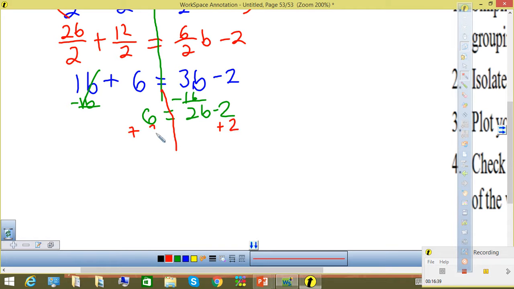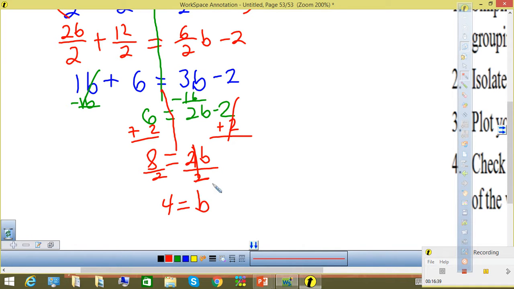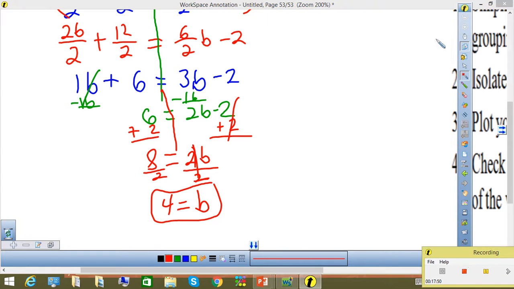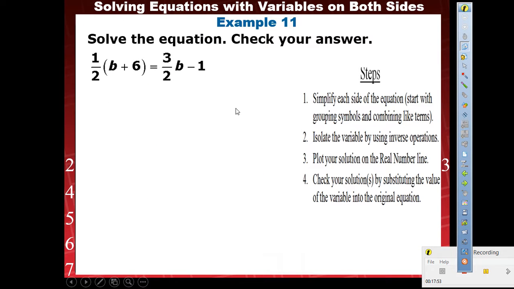Add 2 to each side. So, and you get 4 equals b. Hands if you got that. Okay. So far so good, right?